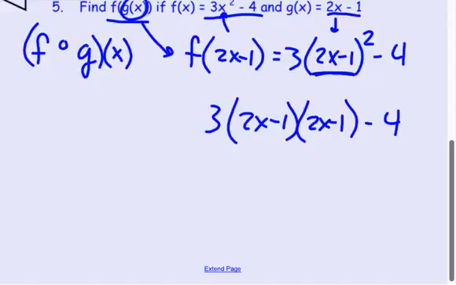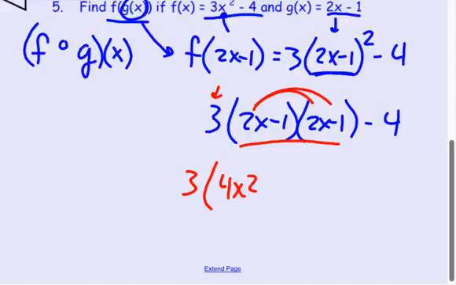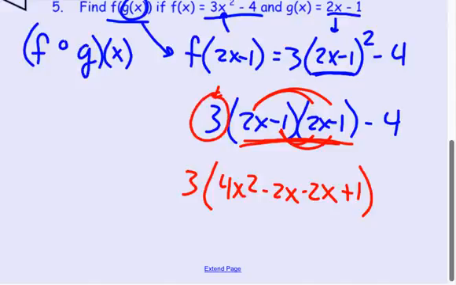I would FOIL this first, then we'll multiply it by the 3. So I'm going to put a 3 down here, some parentheses. 2x times 2x is 4x squared. 2x times negative 1, negative 2x. Now the negative 1 times 2x, negative 2x. Negative 1 times negative 1 is positive 1. Okay, we multiply these together and we have to multiply it by 3. And we have this minus 4 at the end here.